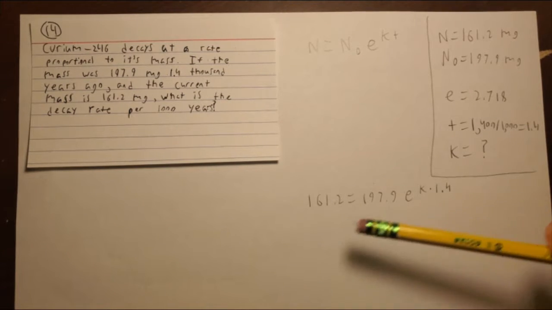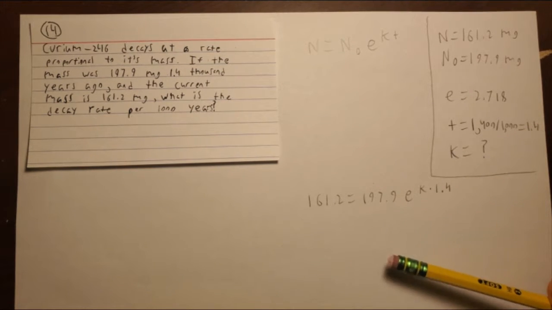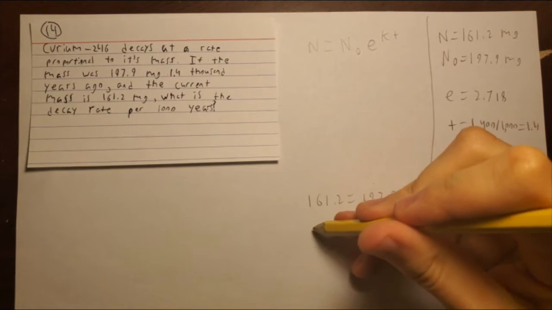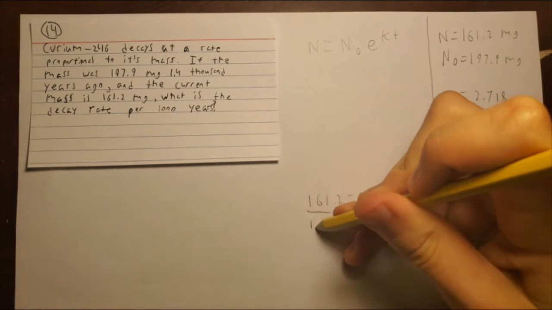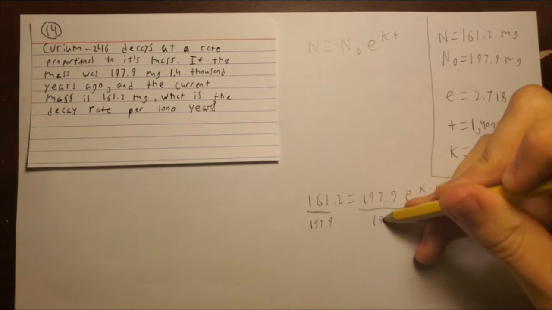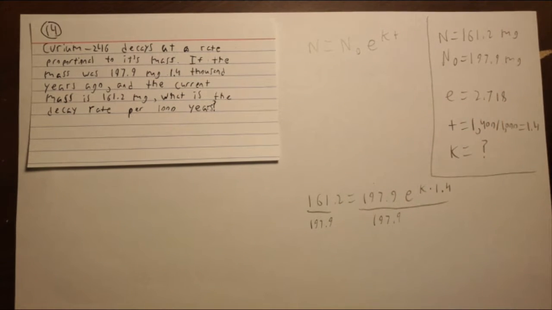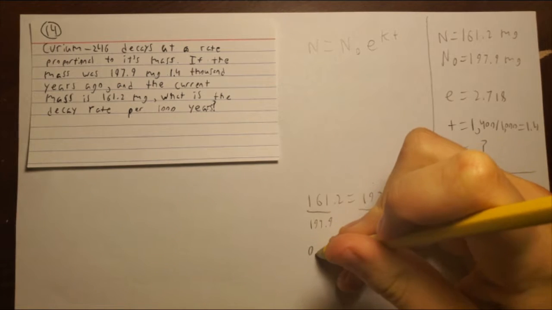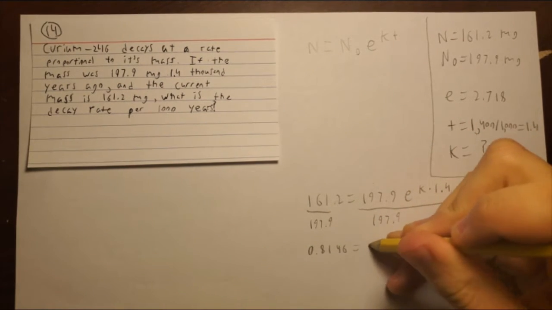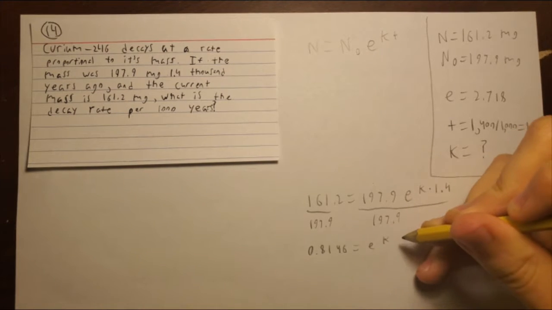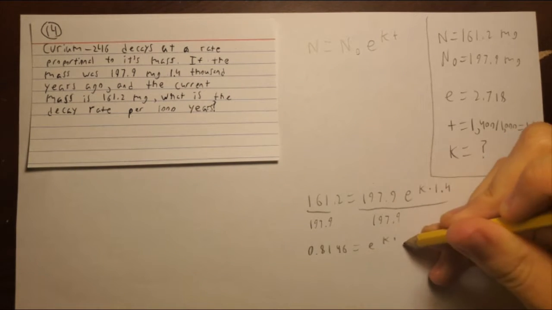And so now what we can do is divide both sides by 197.9, and that's going to give us 0.8146 is equal to e to the power of kt, or sorry, k times 1.4.